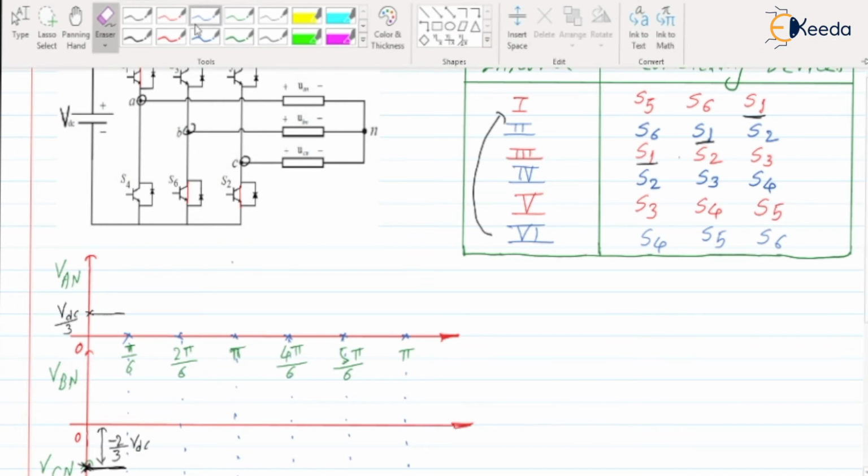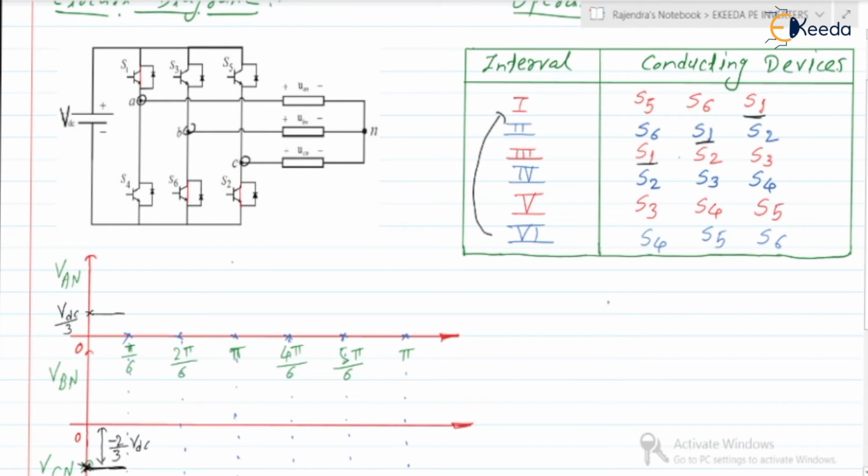It is like this: phase A is to the positive plate of the VDC, and phase B and C to the negative plate of the VDC.